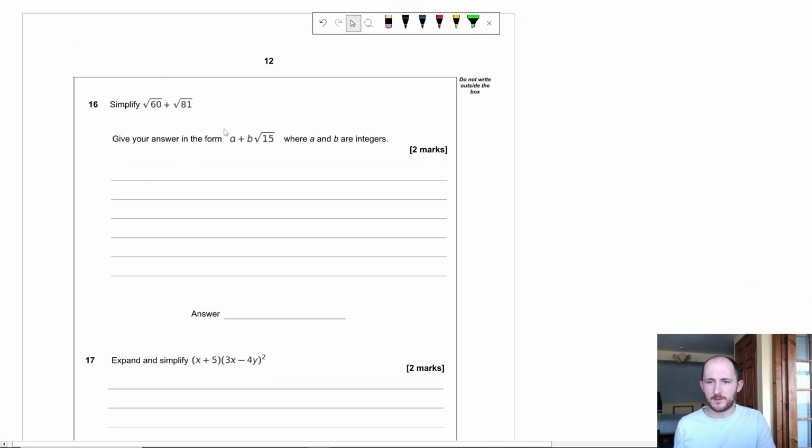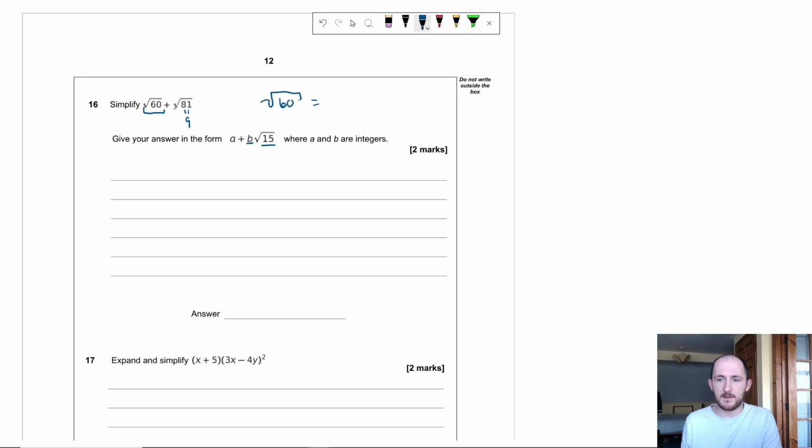Simplify, giving your answer in the form a plus b root 15. So this is simplifying surds, which I know a few of you have asked for help on. If you have a look, root 81 is actually equal to just the number, and the other thing should be split into a number and a surd. What we can do with surds is split them into two numbers that multiply together to give 60 in this case.